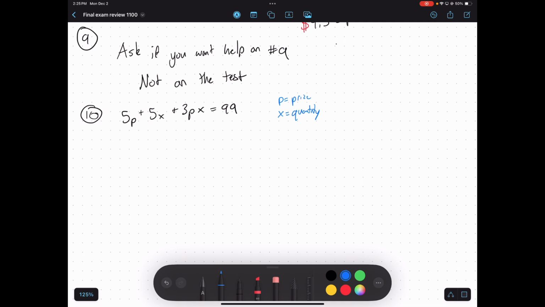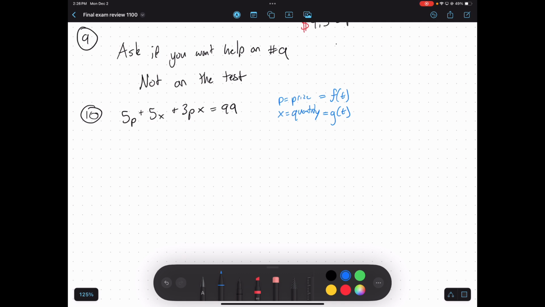But both the price and the quantity depend on time. So I can say price is a function of time and quantity is a function of time. They're both functions, they both depend on time.